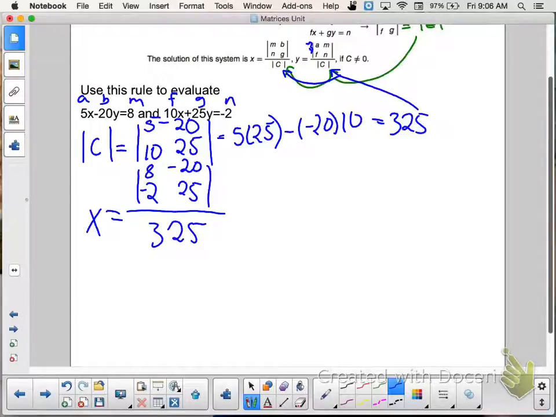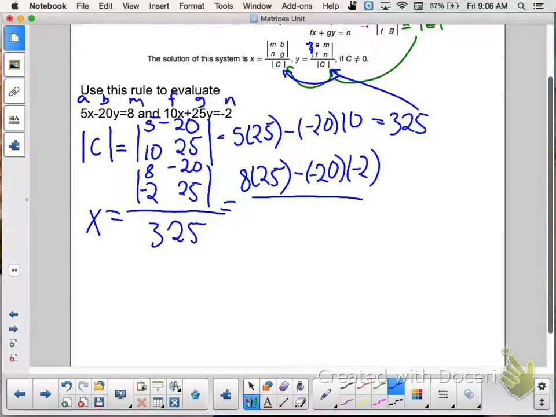And then same idea, 8 times 25 minus negative 20 times negative 2 divided by 325. If we do this out, you'll end up with 32 on the top over 65. So I found my x.